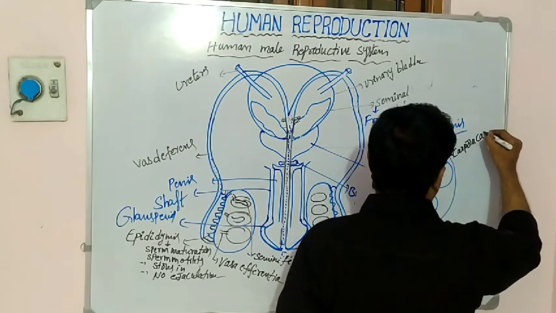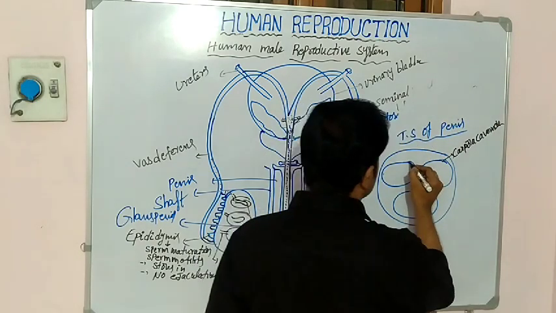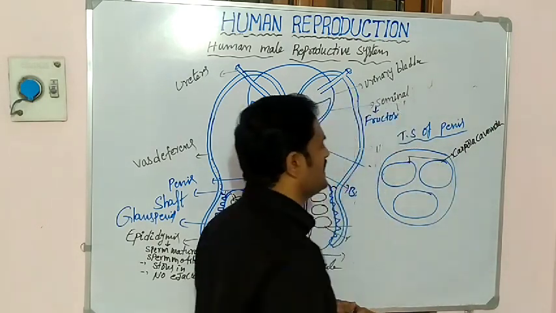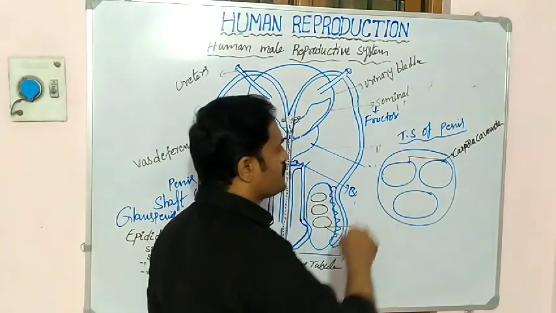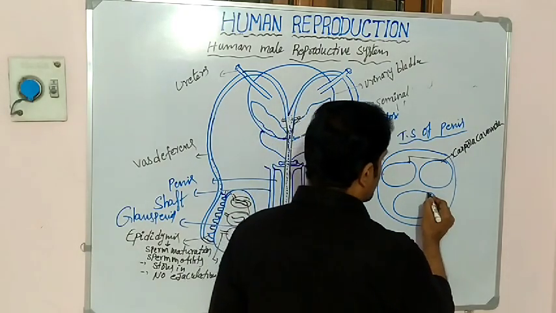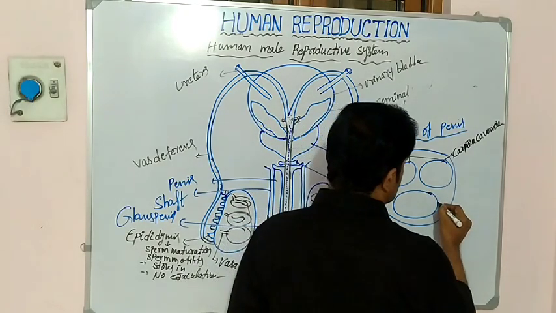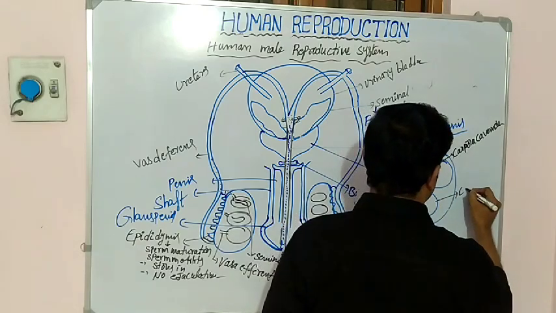Remember. So these two portions are corpora cavernosa. Below the corpora cavernosa, one more arrangement is present here. This is called corpora spongiosum.